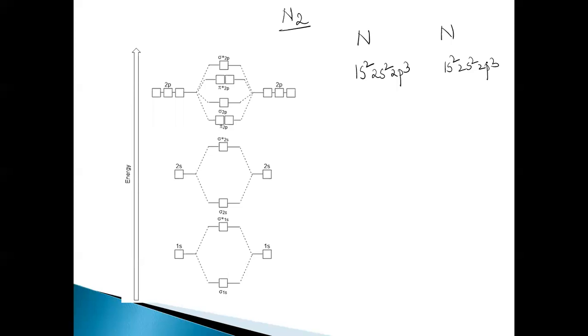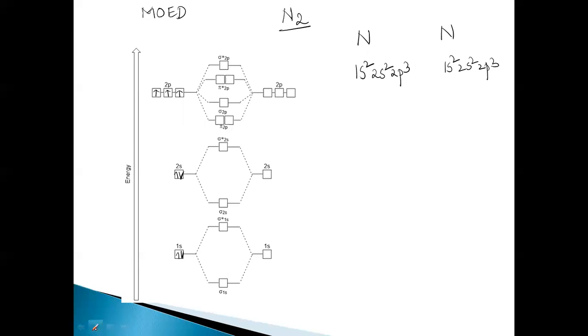When you come to the molecular orbital energy diagram, called MOED, of N2, the linear combination of the 1s orbitals results in the formation of sigma 1s and sigma star 1s. How many electrons? 2 electrons here, and here also 2 electrons. So I'll fill them first. 2s is also having 2 electrons, and the 2p has 1, 2 and 3 electrons.